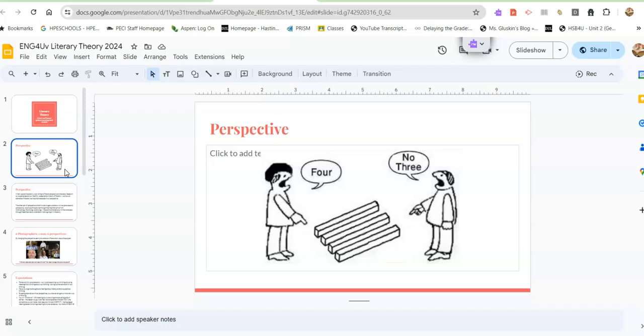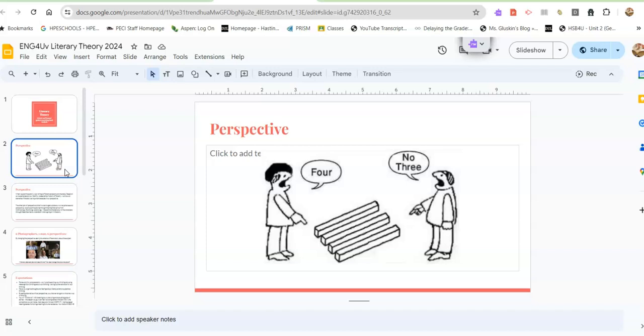And so often when we talk about the same book with other people, we identify different points that are highlighted for us or that stand out to us, because from our perspective, this is how it is. This is how I see it. This is how I interpret it.